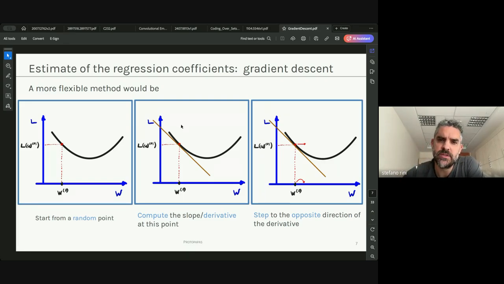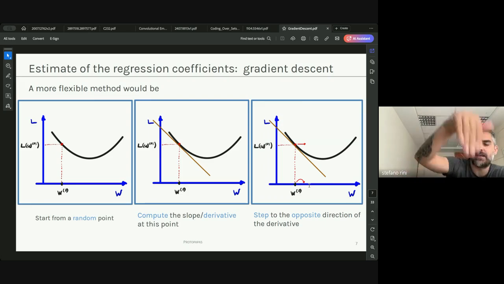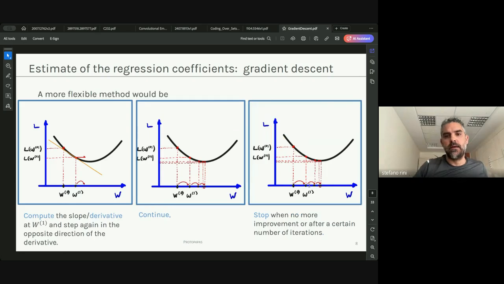Then we want to take the derivative of this loss function at omega 0, and take a step in the descending direction of the gradient. So we take a step in the direction of steepest descent of the gradient, and obtain a new set of weights, which we're going to call omega 1. These are the first set of weights that we produce in SGD. Again, we evaluate the loss function by averaging the loss over the dataset entries.